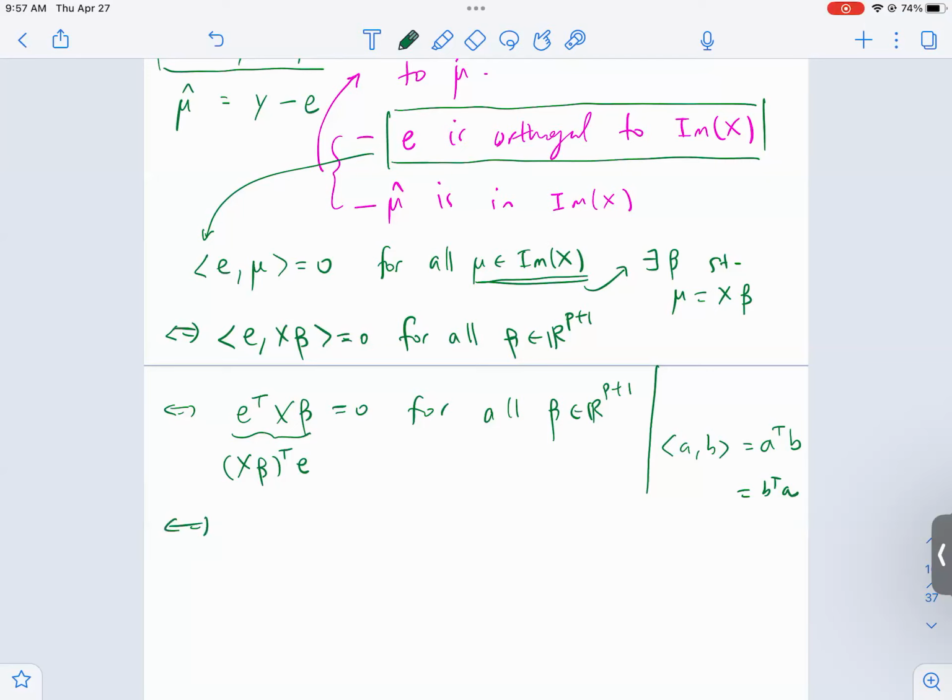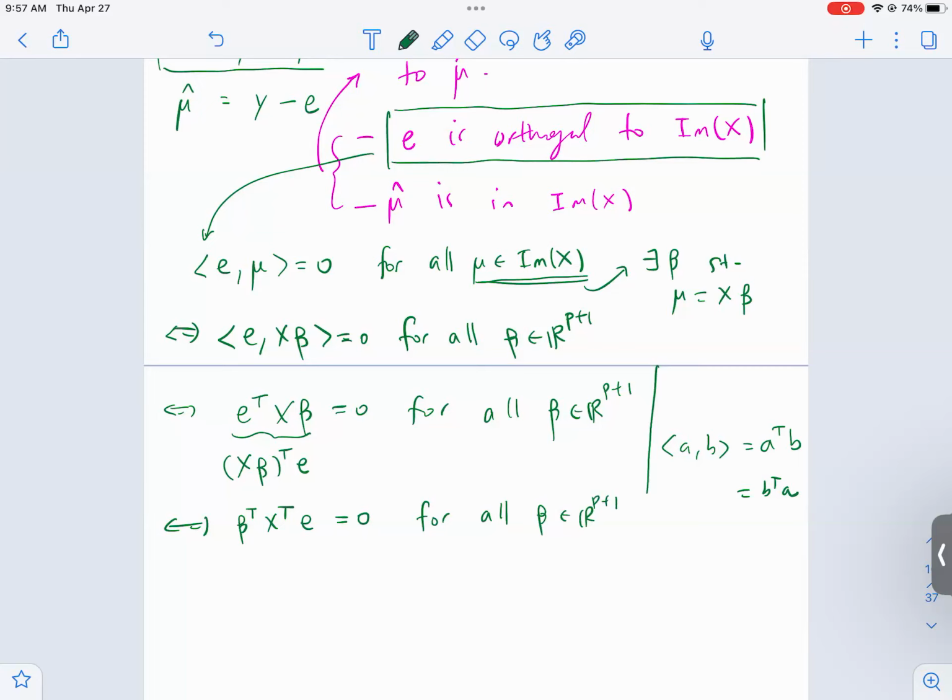How do we simplify this? Transpose of a product. Yes, this one people know: beta transpose X transpose E equals 0 for all beta in R^(p+1).